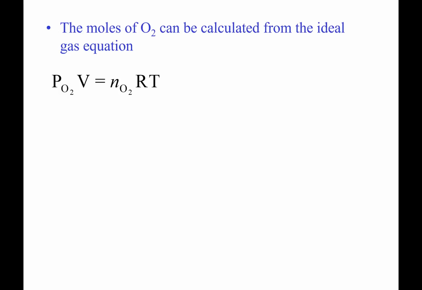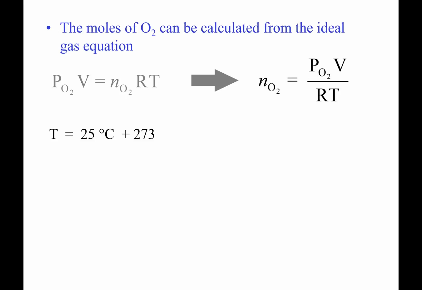So if I rearrange PV equals nRT, solving for n, of course that's PV over RT. Again, I really urge you to start out with PV equals nRT and then rearrange and solve for what you need. So we are going to have to go ahead and get from millimeters of mercury into units of atmospheres. We also need to fix our temperature. So 25 Celsius plus 273 is 298 Kelvin.